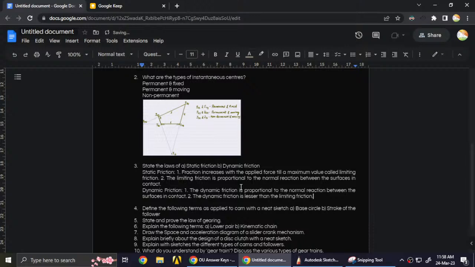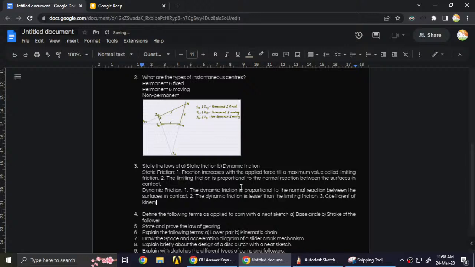Okay, and you can also say the coefficient of kinetic or dynamic friction, coefficient of static friction. So these are some of the laws we can just write in these 2 points. We can also mention up here. Anyway, so let's go for the next question.